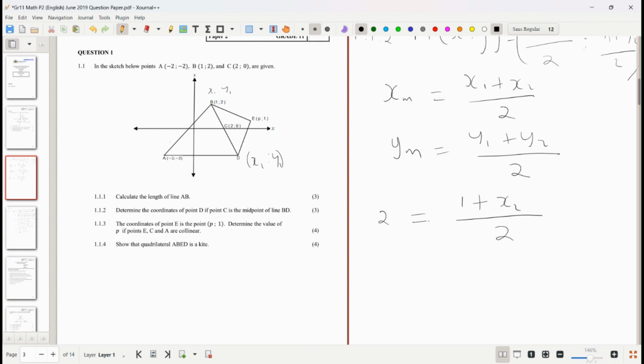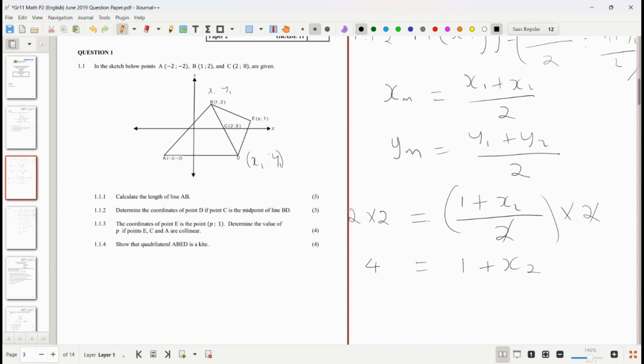Right? So we need to simplify this. How can we simplify this? We can cross multiply or multiply by 2 both sides. It's up to you. We can multiply by 2 both sides so that we get rid of these 2s. Here we'll have 4, and we'll have 1 plus x2 because these will cancel, right?